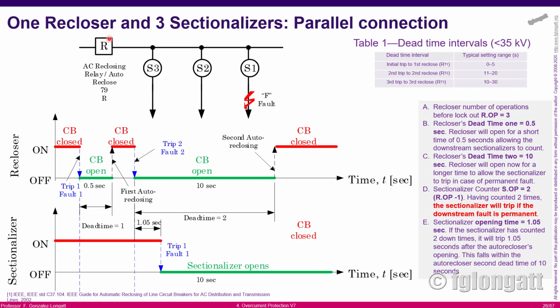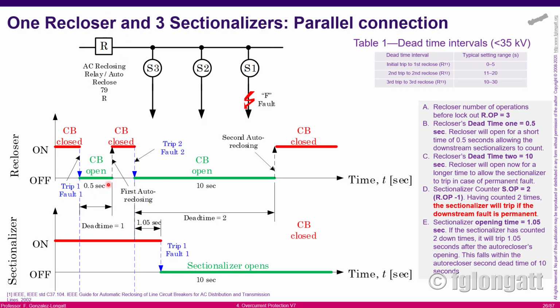Well, initially the recloser is closed, the sectionalizer is closed, and also the circuit breaker is closed, but there is a fault at F. When we have the fault, the circuit breaker will open, okay? In this case, the sectionalizer is open, the circuit breaker open, there is a time delay here, 0.5 seconds.